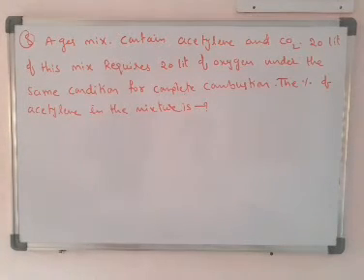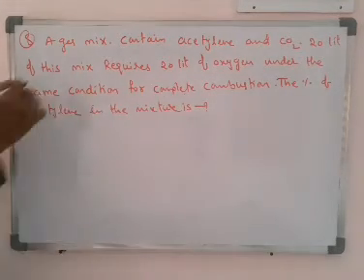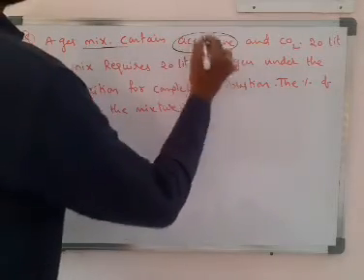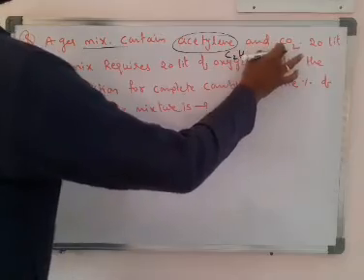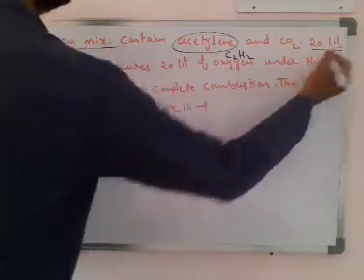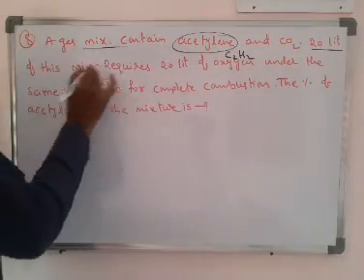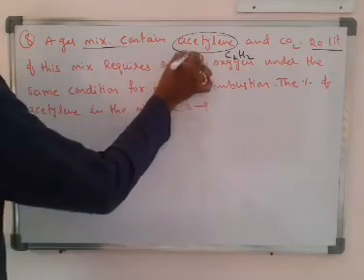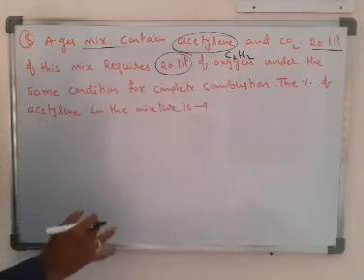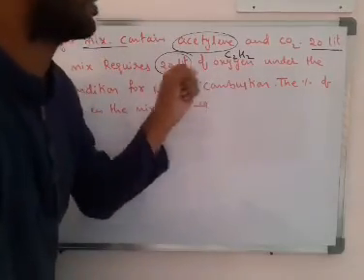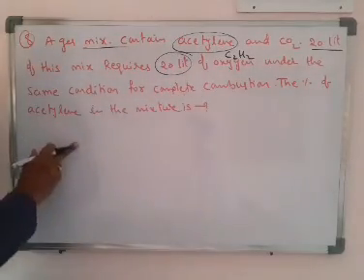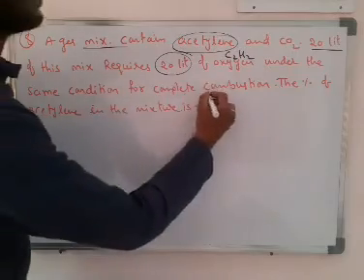Okay, see the next question. It is given a gaseous mixture of acetylene, whose formula is C2H2, and carbon dioxide. 20 liters of this mixture requires 20 liters of oxygen under the same conditions for its complete combustion.